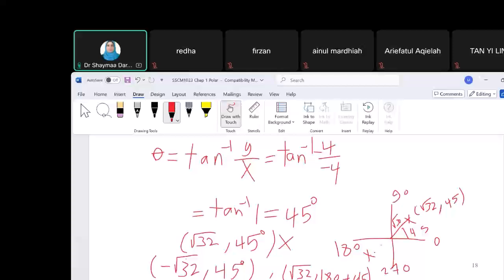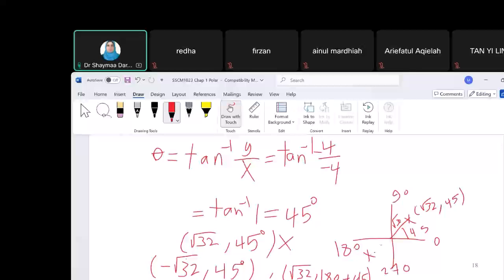So you have to check: after you get the polar point, plot the Cartesian one, plot the polar one, and be sure that you're plotting the same point in the same quadrant. If not, like in this case, I have in Cartesian the point in the third quadrant.